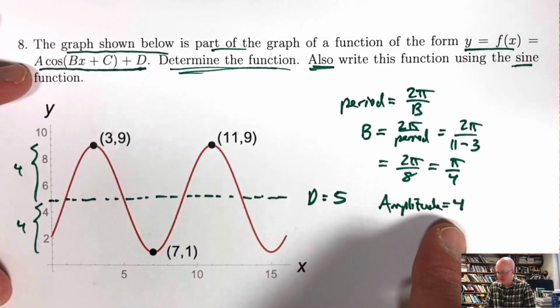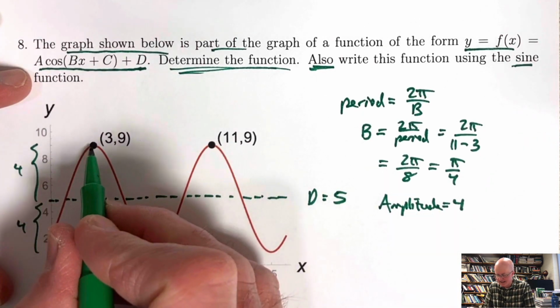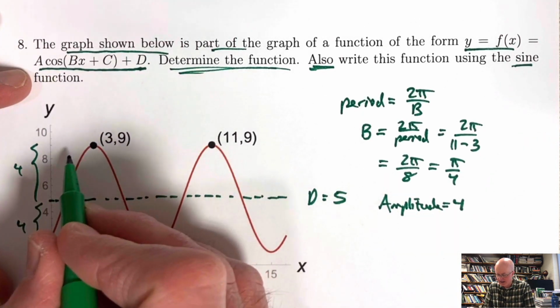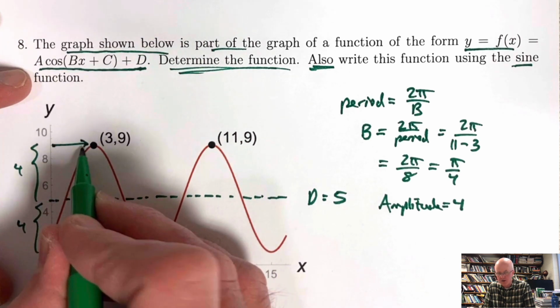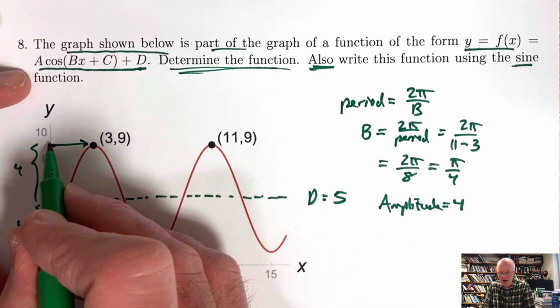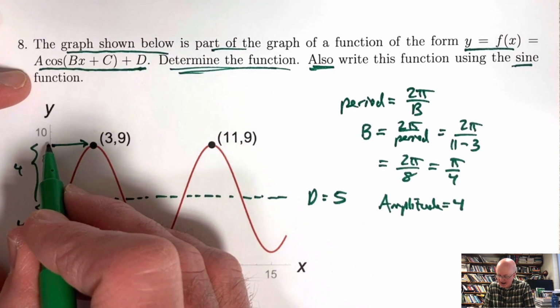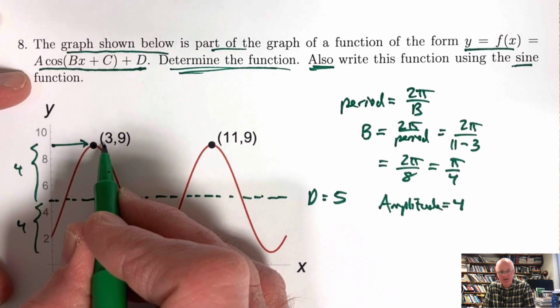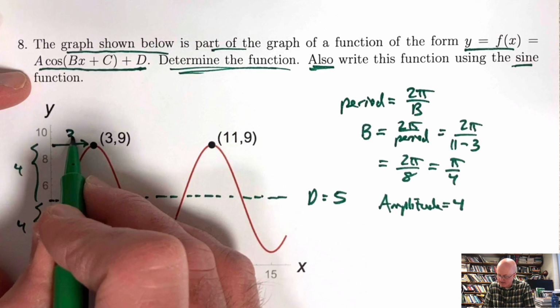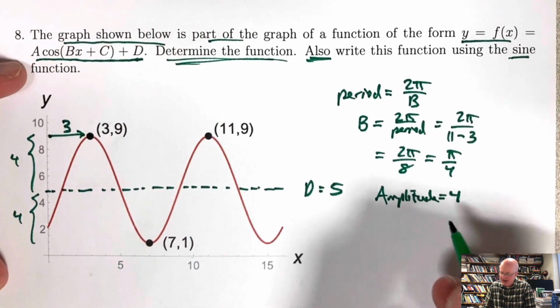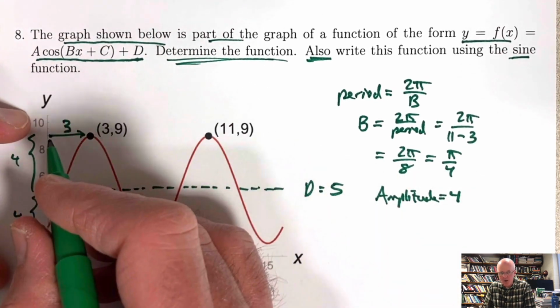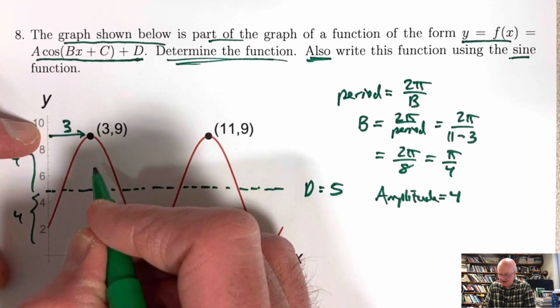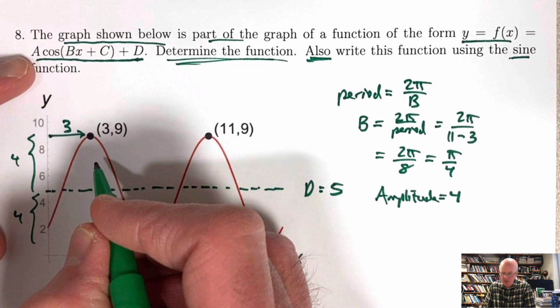It's simpler to use positive 4 here, especially because this first high point could be thought of as a simple rightward translation of the cosine graph, which has a high point at x equals 0, by 3 units there. That's a distance of 3. And if I start with the high point when x is 0, or in this case when x is 3, I better use A equal to positive 4.